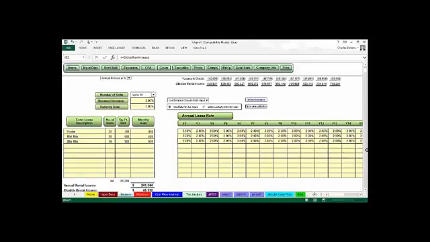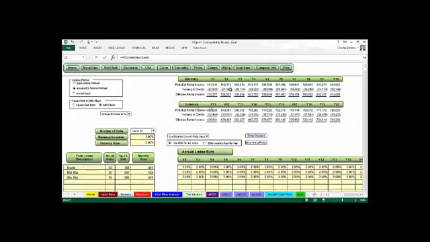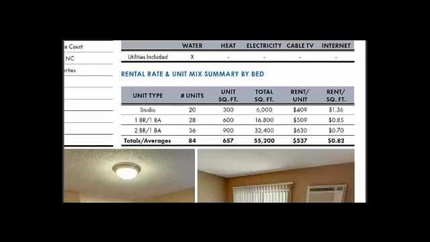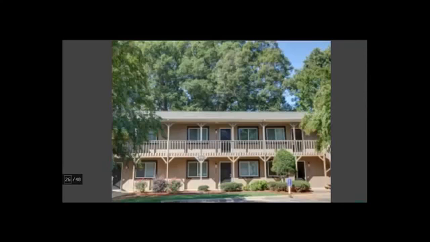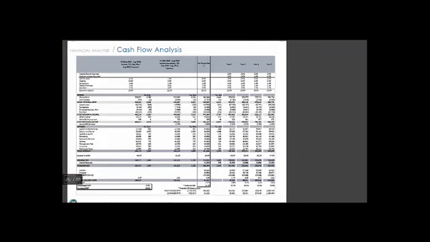Okay, now note what this does here, folks. What I'm going to do here is show you that it shows a potential rental income of $541,000, right? $541,000. Let's go over to the section that shows the financials right here.